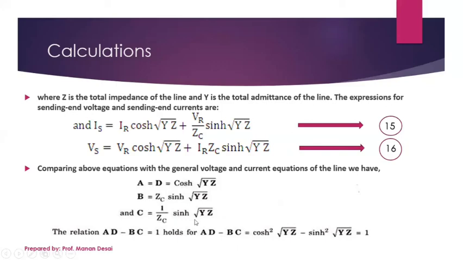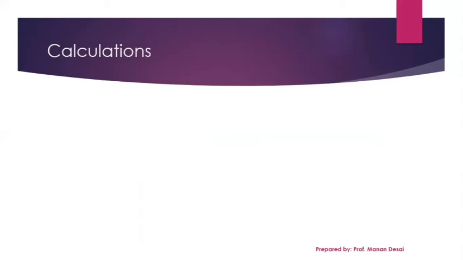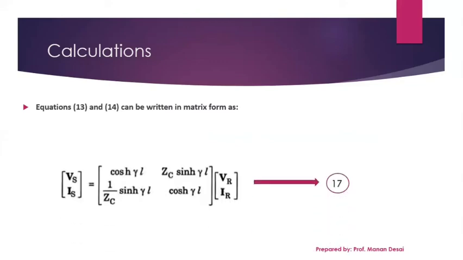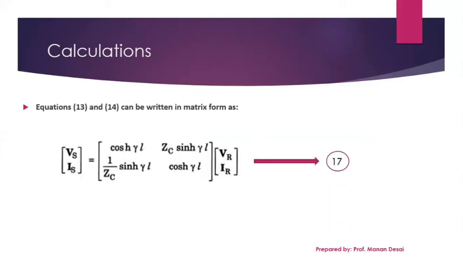The relation AD minus BC is equal to 1 holds: AD minus BC is cosh square YZ minus sinh square YZ, which is equal to 1. So our condition is satisfied. Now equations 13 and 14 can be written in the matrix form of ABCD. So VS, IS is equal to the ABCD matrix times VR, IR.